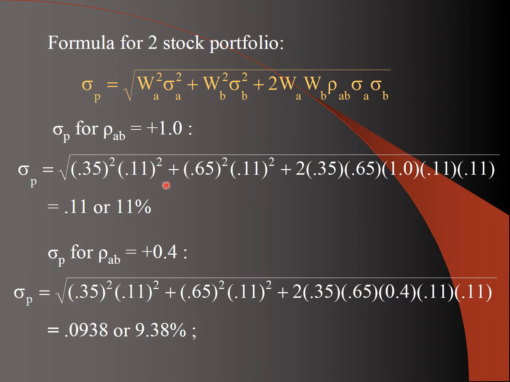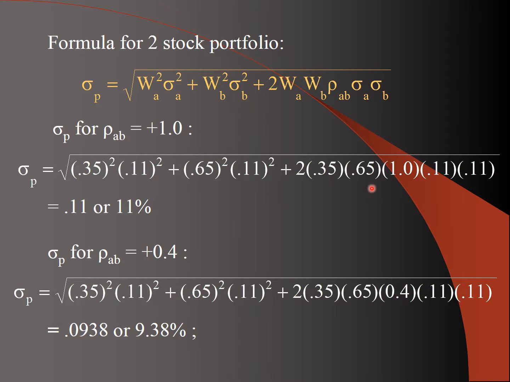But just to break this down, notice to get the standard deviation for the portfolio, we're considering how much money we have invested in the one asset, and then the variability of that one asset, the proportion of money invested in the other asset, in this case stock B, and the variability of that.